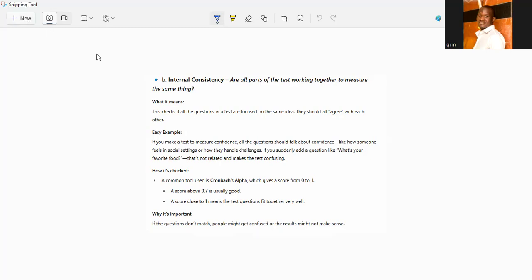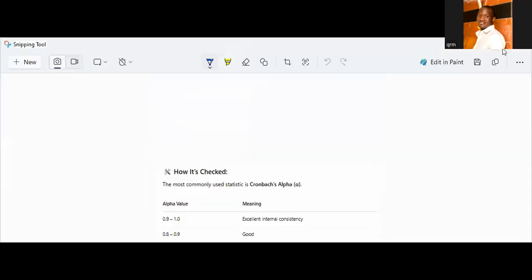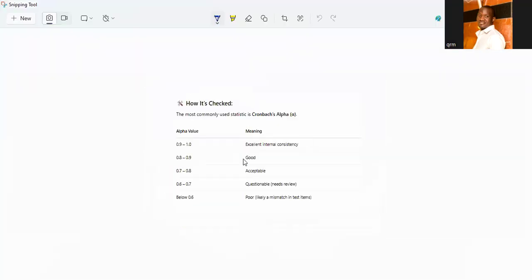So we went through SPSS. Those that missed, you can join us over the weekend. We do the measures in. So we looked at Cronbach alpha measures. For instance, 0.9 to 1.0 shows the highest internal consistency. 0.8 to 0.9, that is good. 0.7 to 0.8, that is acceptable. 0.6 to 0.7, it's questionable. You need to review it.